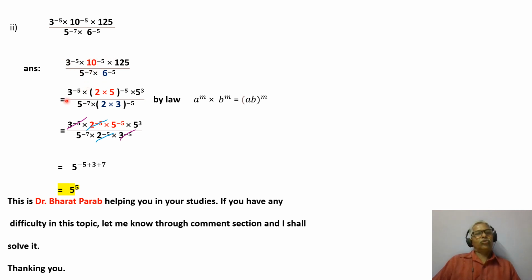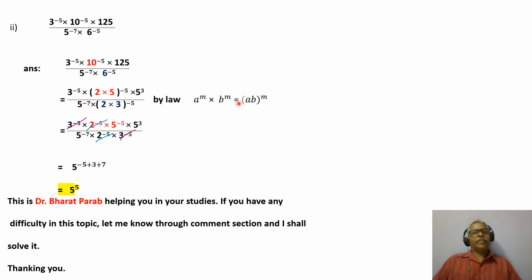So copy this 3 raised to minus 5 as it is, and write this 10 as 2 into 5, raised to minus 5, and 125 as 5 cube. Use this law: a raised to m into b raised to m equal to (ab) raised to m. And this 5 raised to minus 7, and write this 6 as 2 into 3, raised to minus 5.